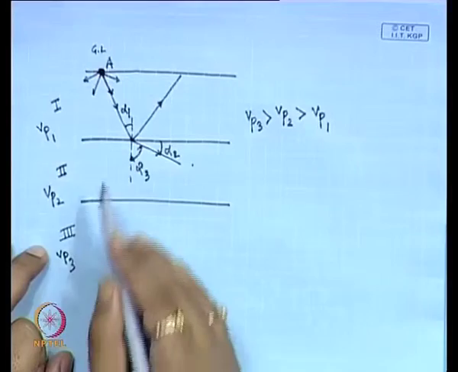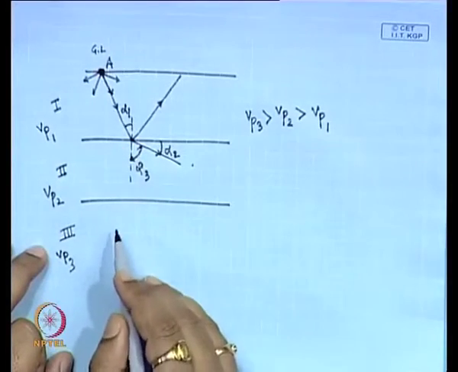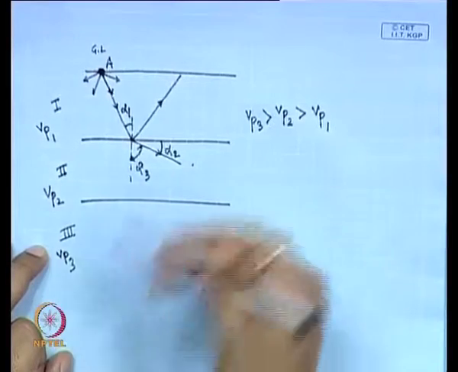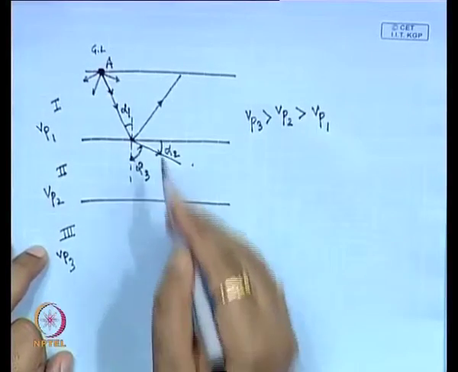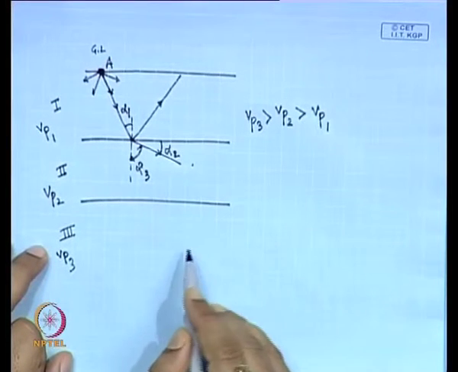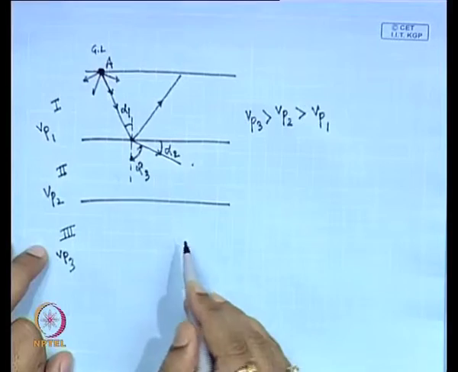So, to undertake this survey, the velocity of the wave should be greater than the velocity of the wave in the previous layer. So, the velocity of this wave will increase as we go into the deeper layers.